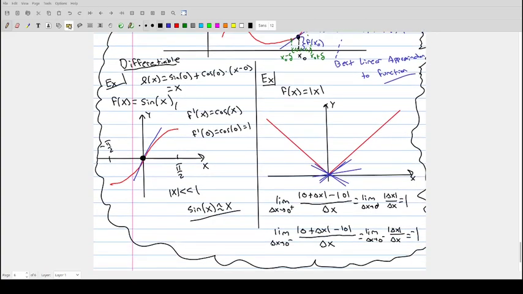So just remember, this is an example right here of a function that's not differentiable at x equals 0. This is an example of a function that is differentiable at x equals 0.